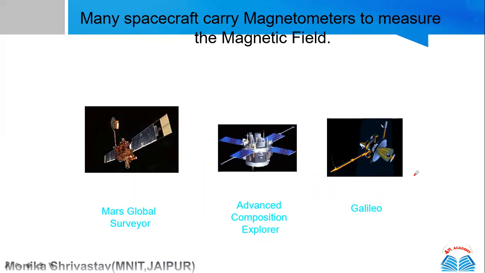Obviously, we want to measure the magnetic field of our planet Earth. So scientists are attaching magnetometers to spacecraft so that they can calculate the magnetic field. Some of them are Mars Global Surveyor, Advanced Composition Explorer, and Galileo. These are the names of those satellites.